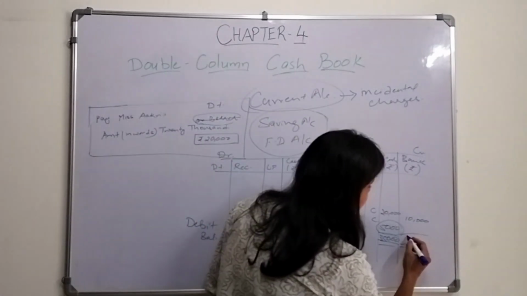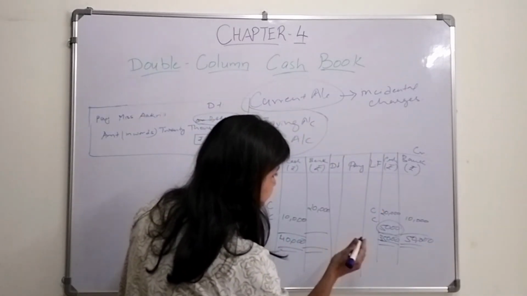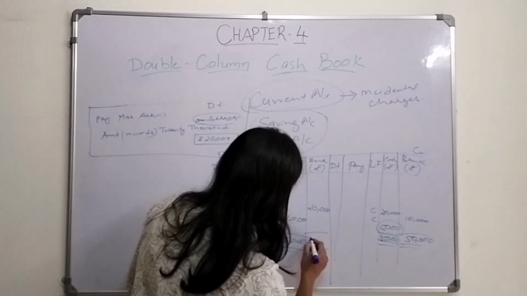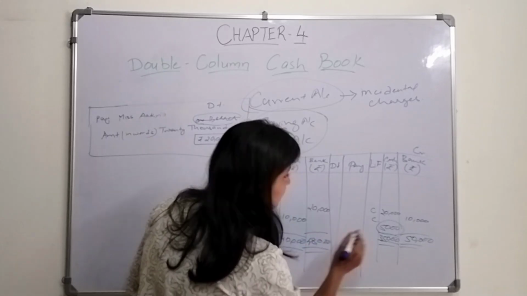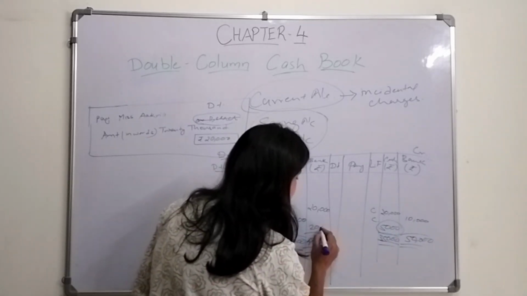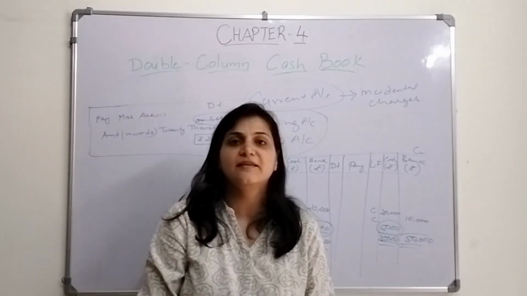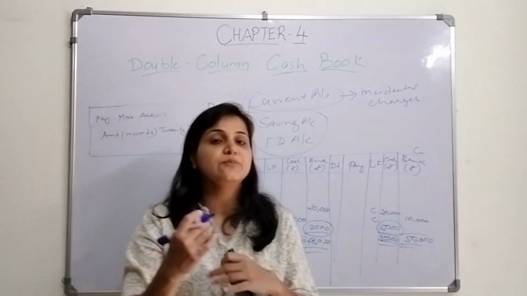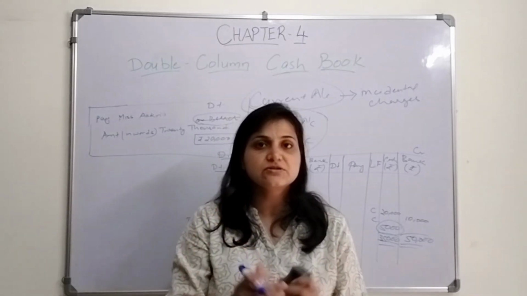Like I said, here it is 50,000, and here it could be 48,000. So 2,000 is the credit balance, and that is considered an overdraft facility being provided by the bank. Okay, this is discussed. You understood this thing.